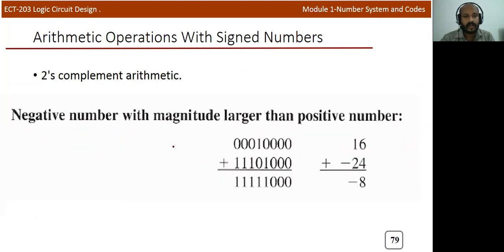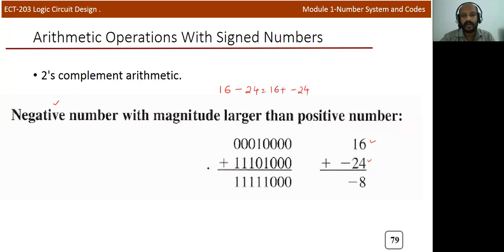Next, we can consider another example. One is a negative number with magnitude larger than the positive number. So one is 16, another one is minus 24. Or we can say that this is a subtraction, 16 minus 24. Instead of writing 16 minus 24, we'll write 16 plus minus 24.